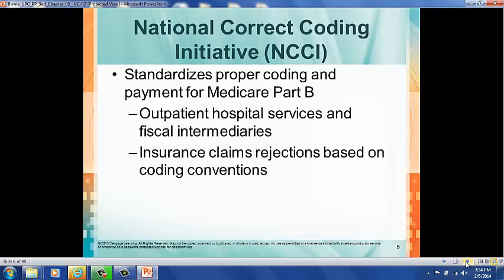NCCI, the National Correct Coding Initiative. This initiative was implemented to standardize proper coding and payments for Medicare Part B claims. The purpose of the NCCI has evolved to include outpatient hospital services and fiscal intermediaries. The payment denials are generated when a pair of codes is submitted together on the claim and the processing system rejects the claim based on coding conventions.